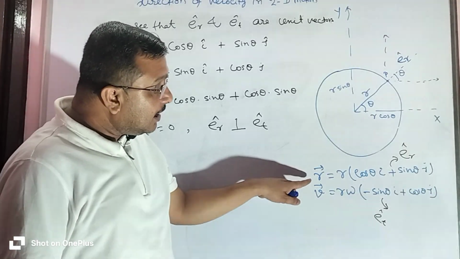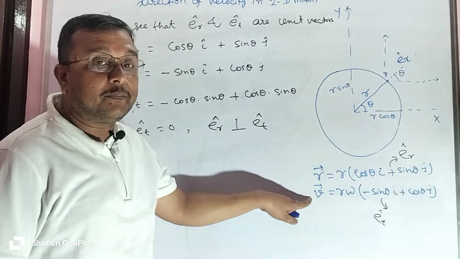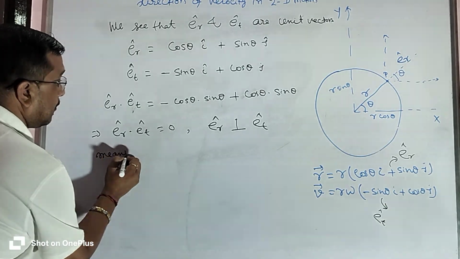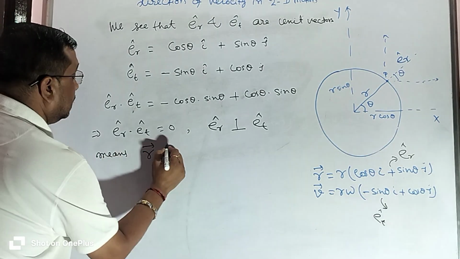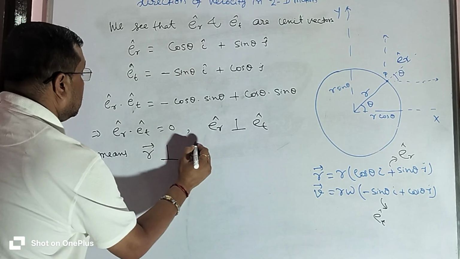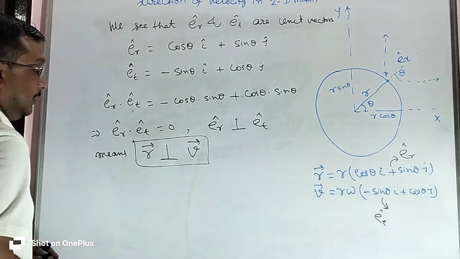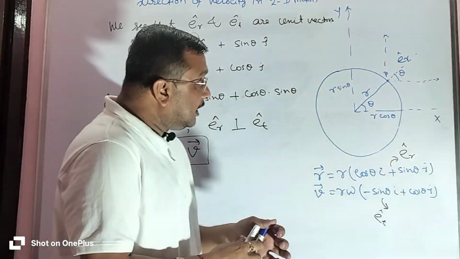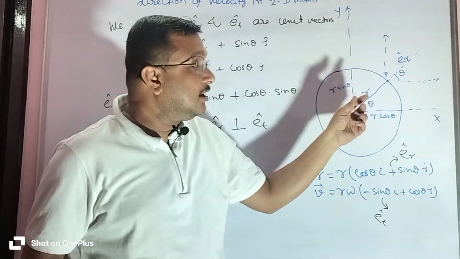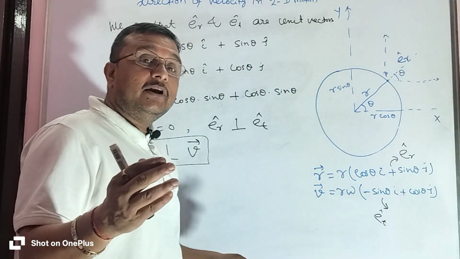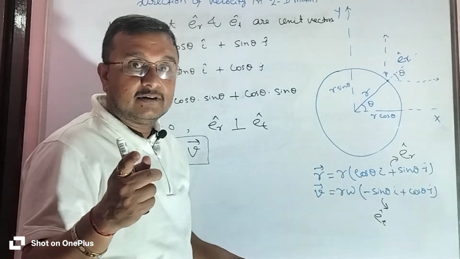It means R and V are perpendicular to each other. So if R is perpendicular to V, R is along the radius, or we can say the normal direction, and its perpendicular is always a tangent.